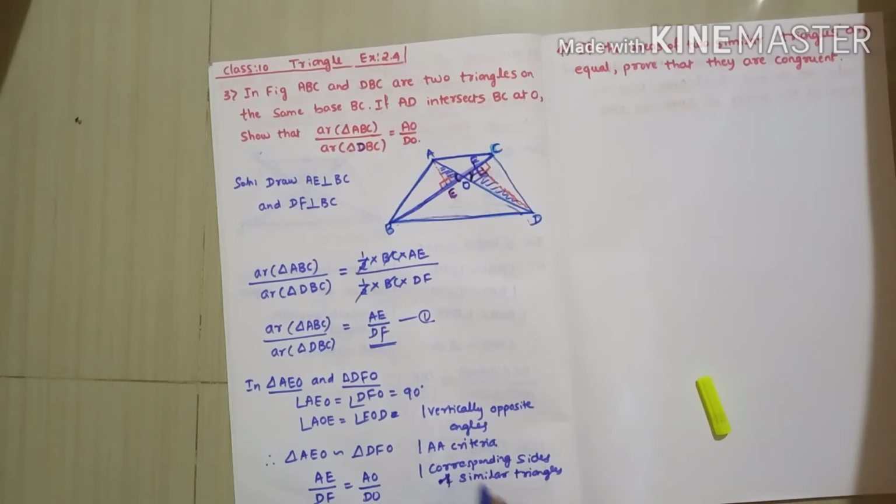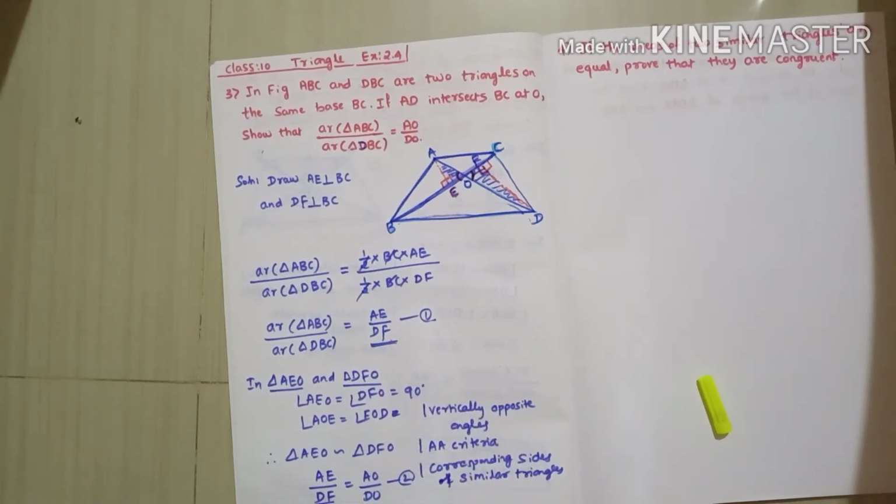Similar triangles. Now, this is 2. See, in place of AE by DF in equation 1, we can replace AO by DO. Therefore, from 1, what can I write?